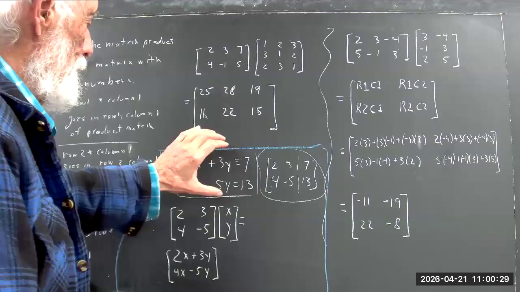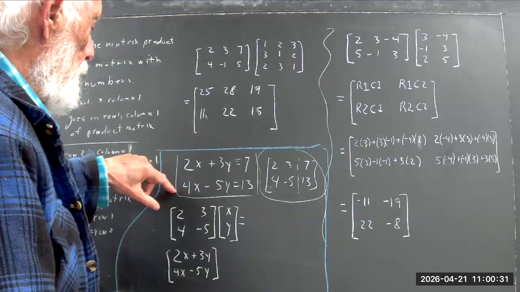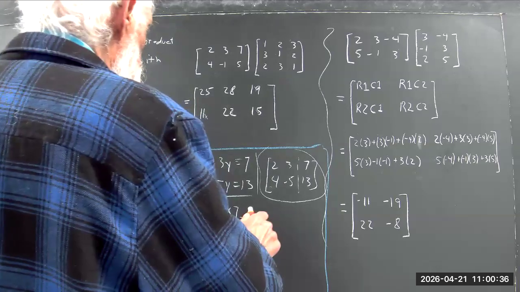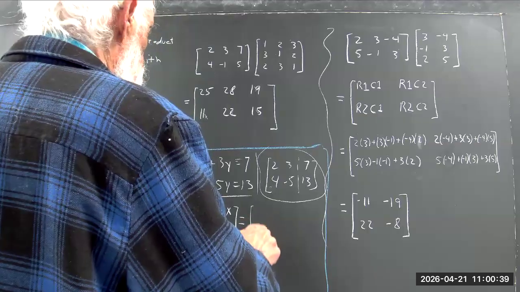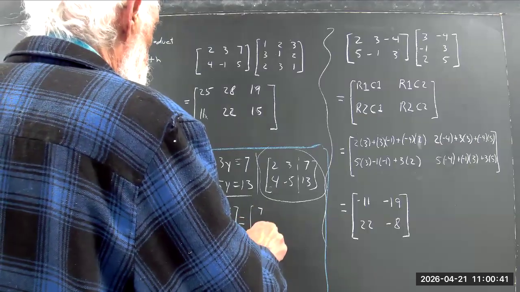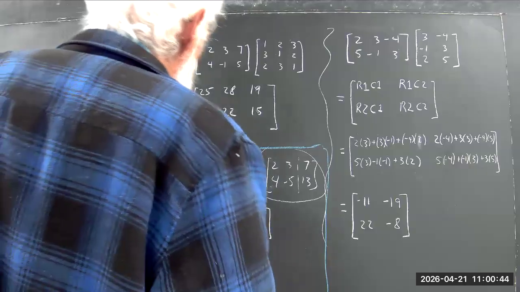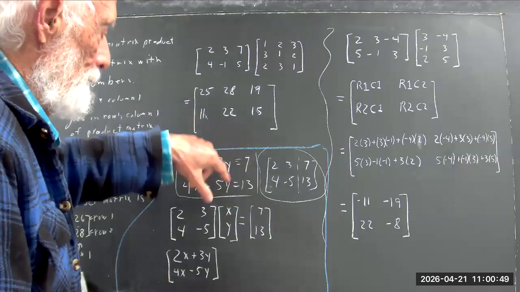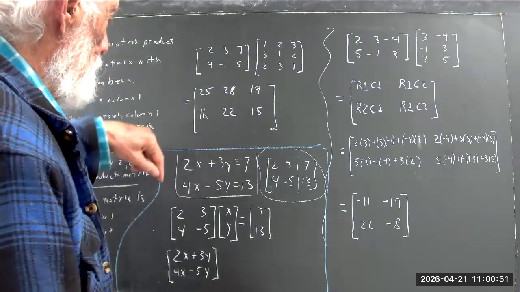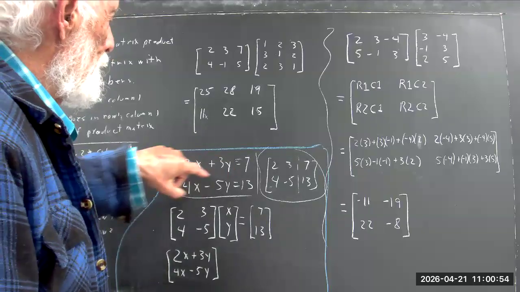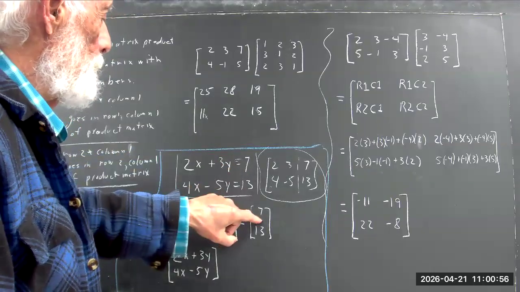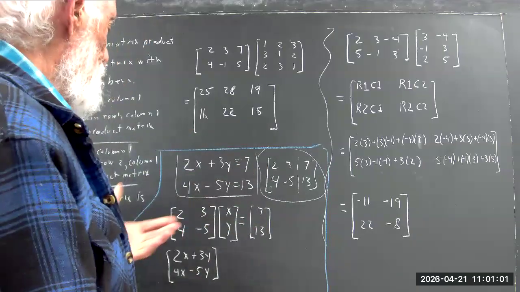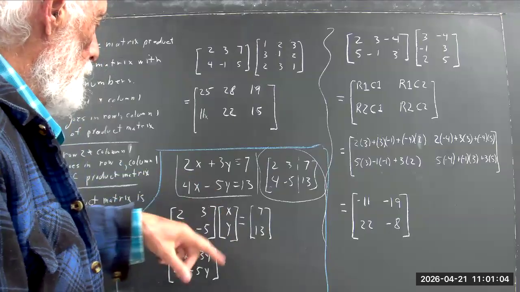So that we have everything to the left of the equal sign in our original equations now in this matrix. Well, what goes to the right of the equal sign? To the right of the equal sign, we're going to put 7, 13. In other words, the numbers on the right side of the equal sign. So first row, it's 2x plus 3y equals 7. We put that 7 in the first row of our column matrix on the right-hand side of the equal sign.